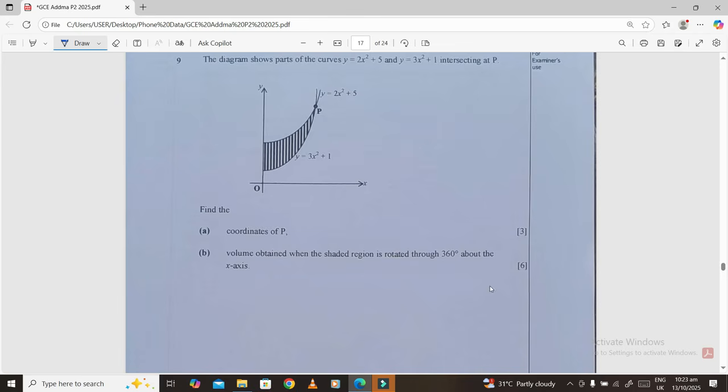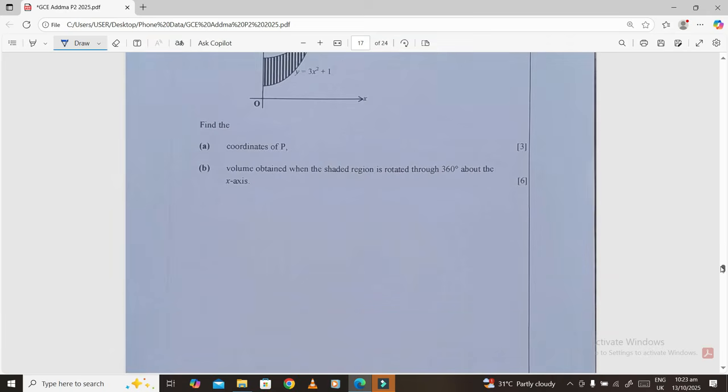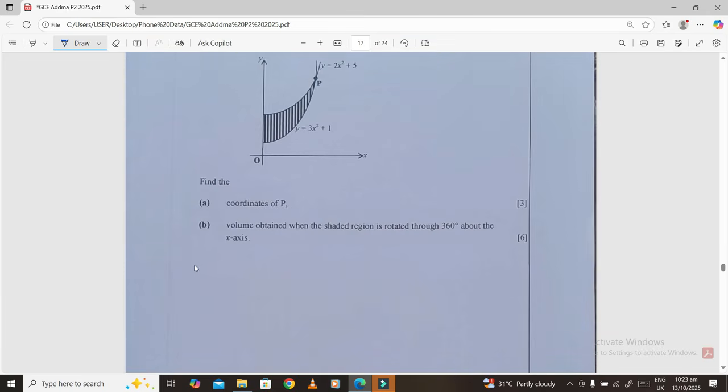For the next question, they are saying we find the coordinates of point P. To find the coordinates here, we're not going to waste our time. We get the equations involved: y is equal to 2x power 2 plus 5, and another one is y is equal to 3x squared plus 1.